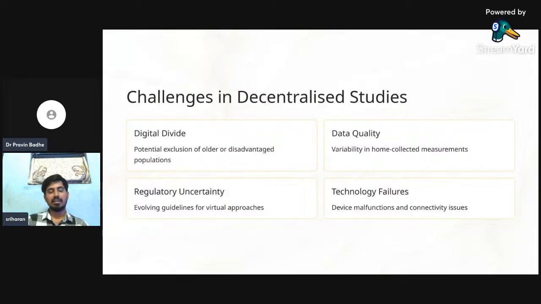Sometimes the sample is invalid, and variability takes place, so data quality is affected. And regulatory uncertainty, because different countries follow different regulatory guidelines for decentralized study and remote access. Technology failure: sometimes the watch will fail, which will affect the studies. So device malfunction or connectivity issues take place.